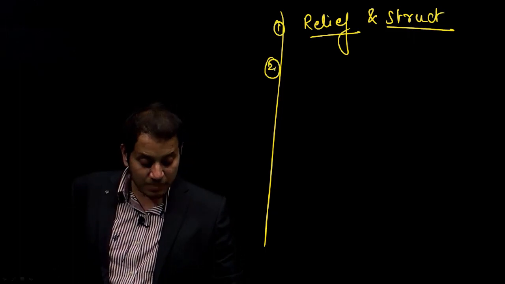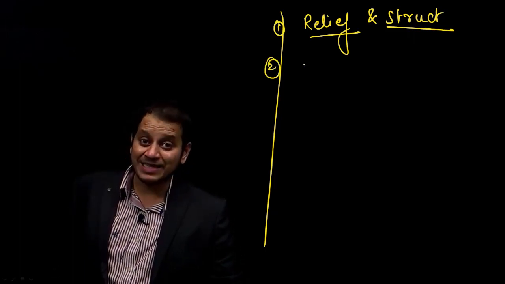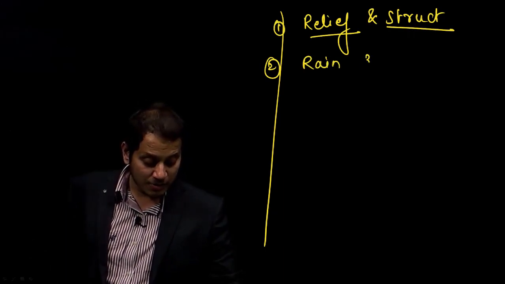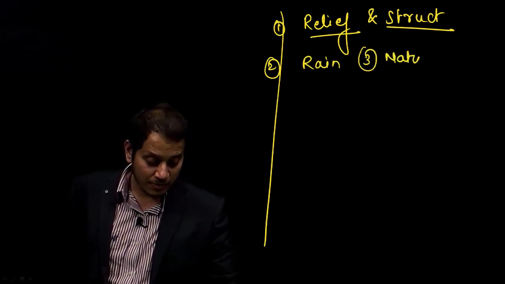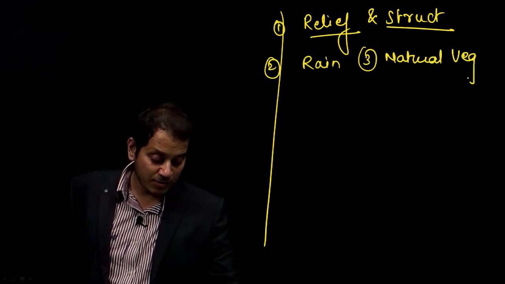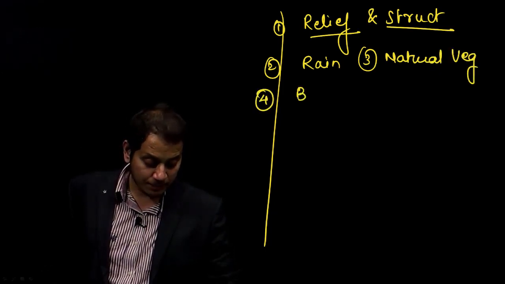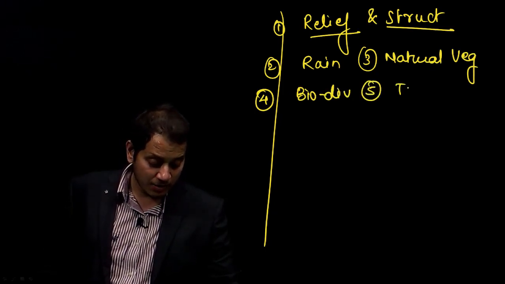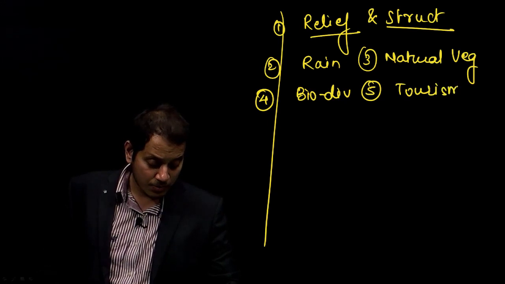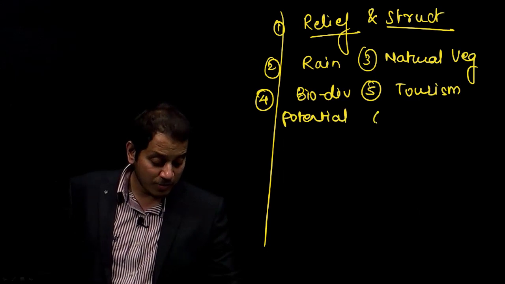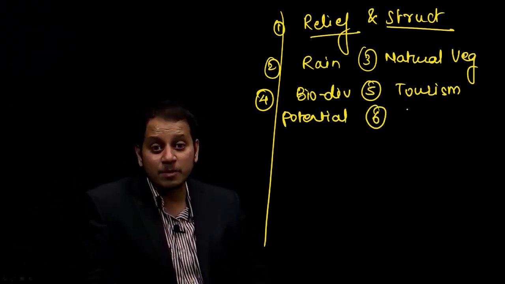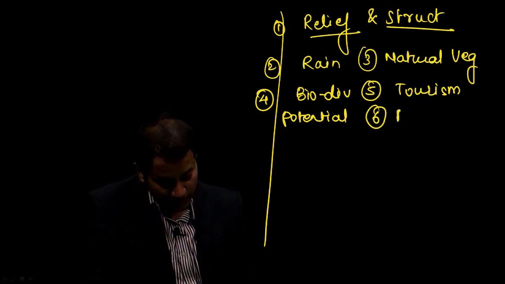We did it in terms of the mountainous nature, rainfall, natural vegetation, biodiversity, tourism potential, and renewable energy, that is, the amount of waterfalls is higher, so HEP potential is higher. So HEP and waterfall.